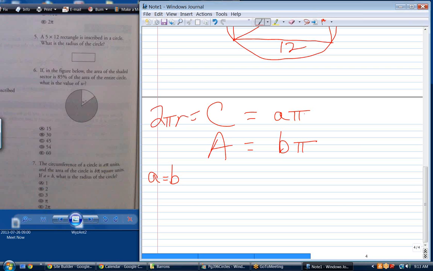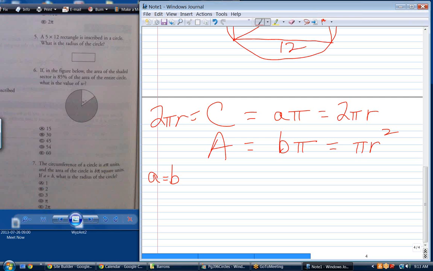So if the circumference is equal to A pi, let's let that equal 2 pi r. And if area is equal to B pi, we know area is pi r squared. So they're the same r.